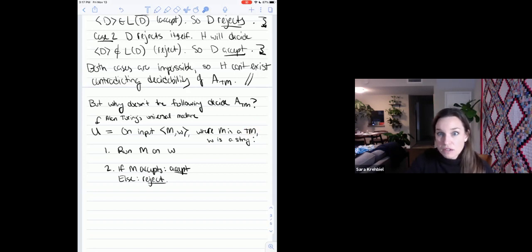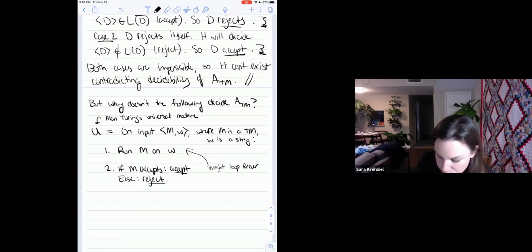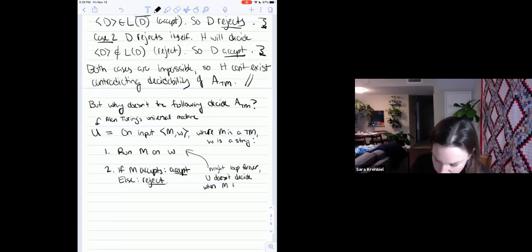It might be that we get unlucky and we take a Turing recognizer along with an input that it loops forever on. So this guy might loop forever. So U doesn't decide when M loops on W.